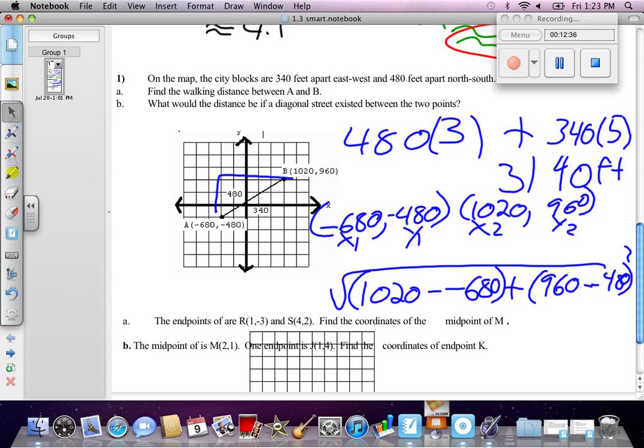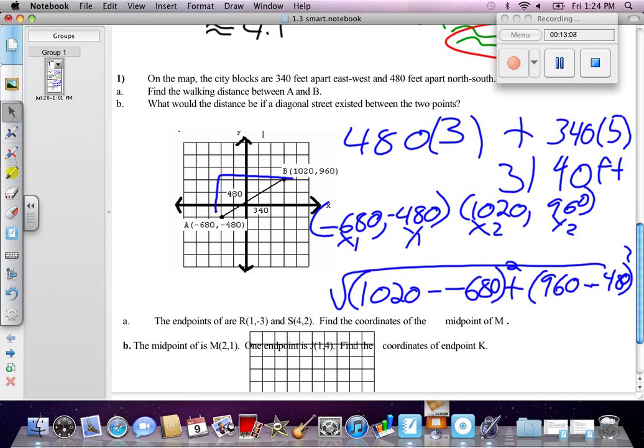So again, it's parentheses, square root, parentheses, parentheses. Thank you. That's a good call. 1,020 minus a negative 680 and parentheses squared plus 960 minus a negative 480 and parentheses squared and parentheses.